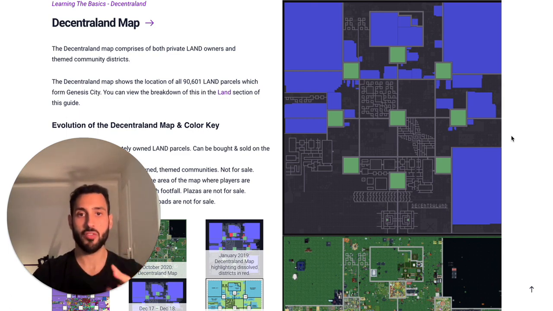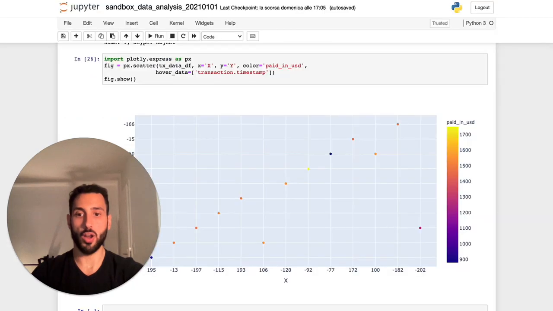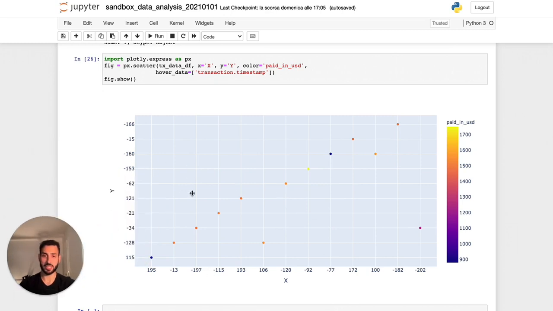But just very briefly, just to give you an idea of what this is, I decided to plot on a chart the coordinates of the plots of land that have been purchased recently.